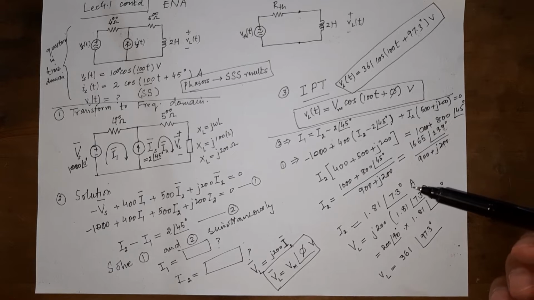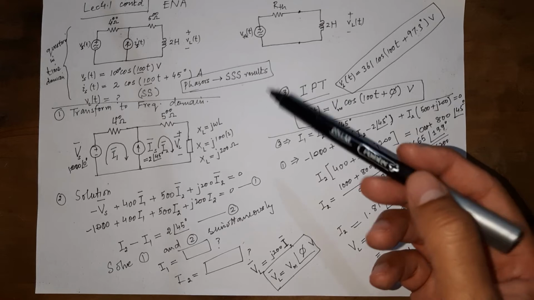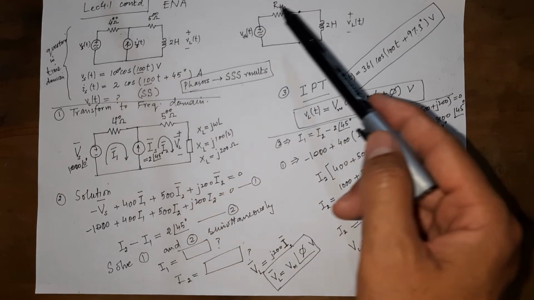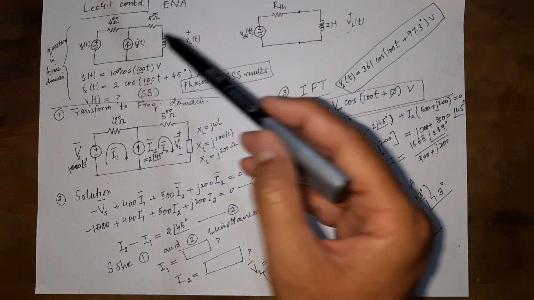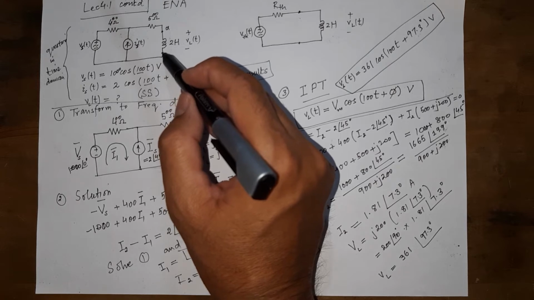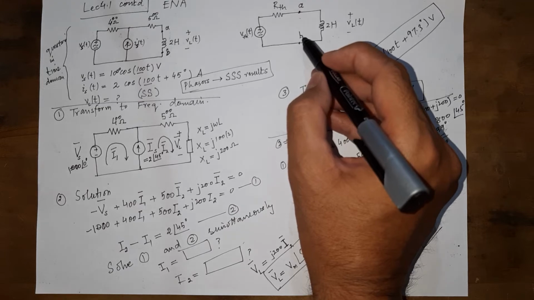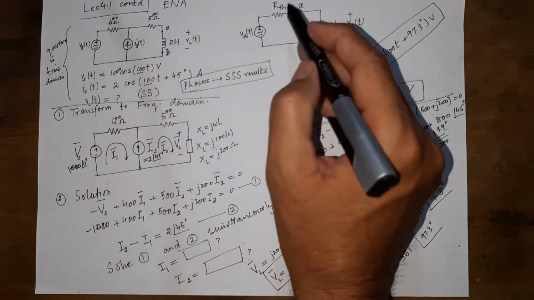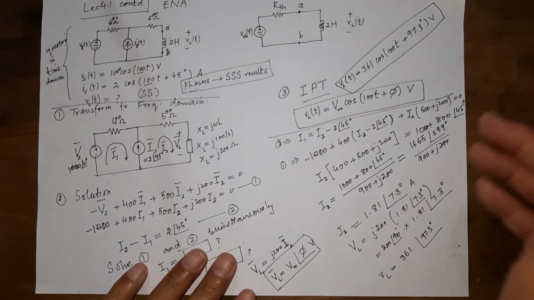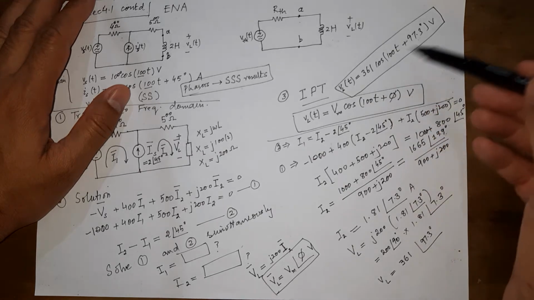Now it is a requirement that you should find the Thevenin equivalent with respect to this. Let us say these nodes are A, B. With respect to these nodes, the rest of the circuit must be converted to the Thevenin equivalent and then solved again for the same VL(t), and the same result must come.